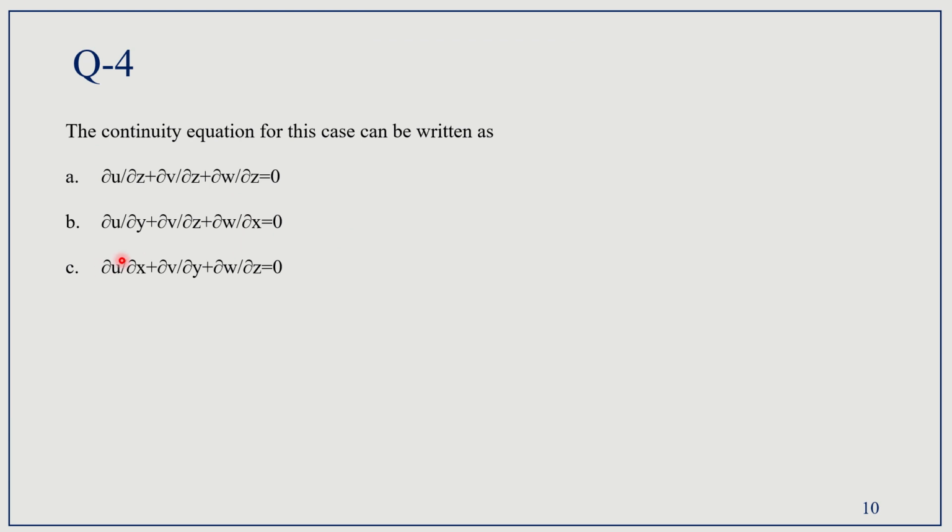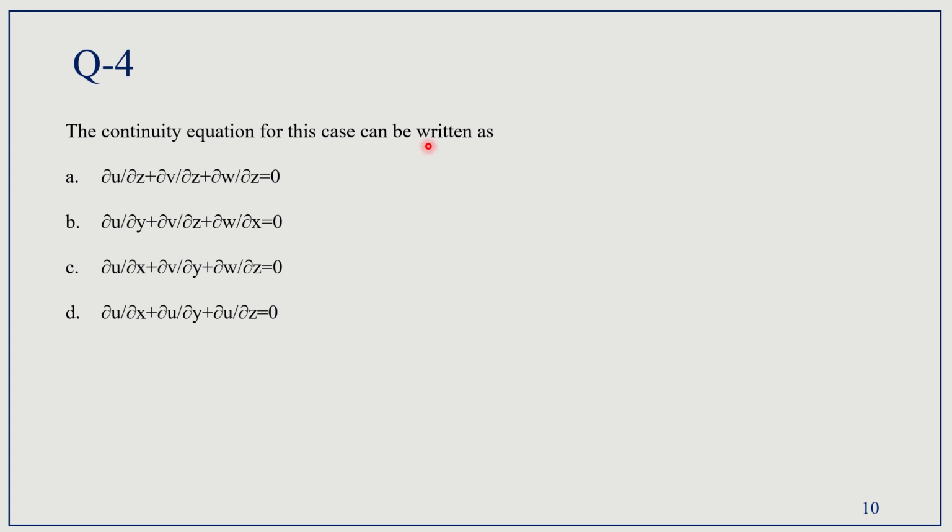Option C: dou u by dou x plus dou v by dou y plus dou w by dou z is equal to 0. Option D: dou u by dou x plus dou u by dou y plus dou u by dou z is equal to 0. So on looking at the 4 equations, we can see that option C is the right answer, I guess.